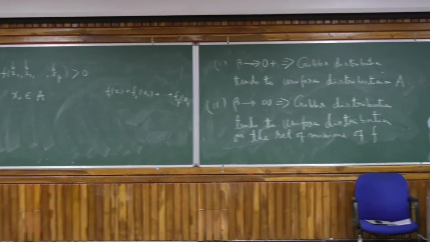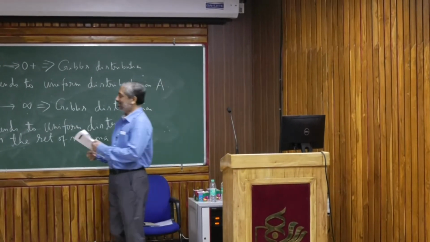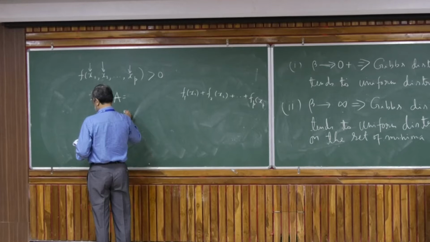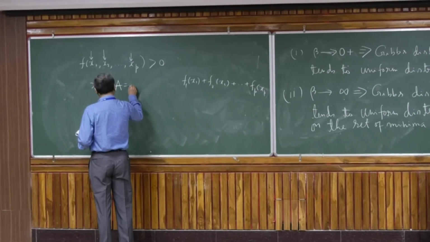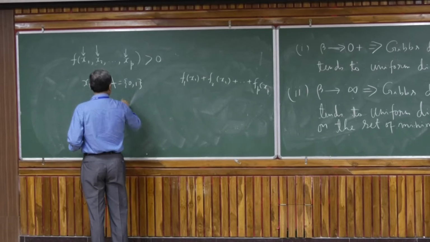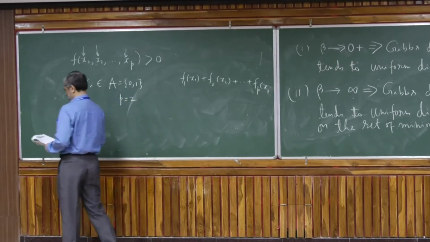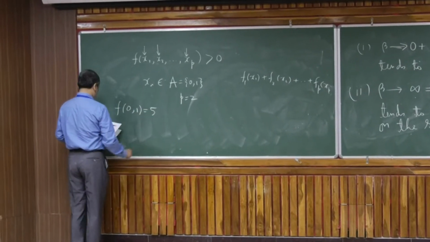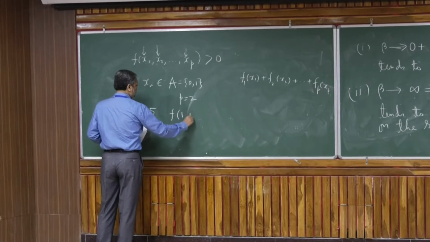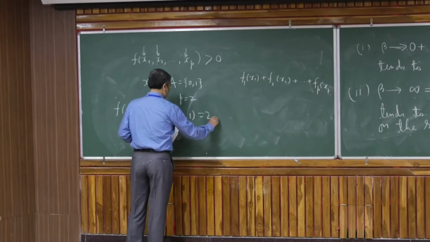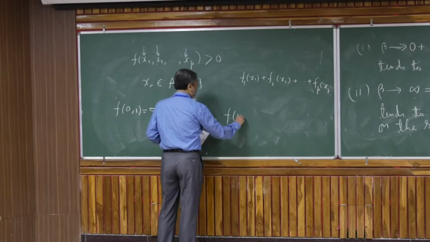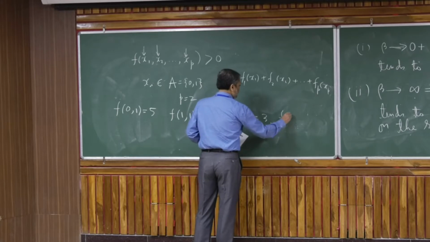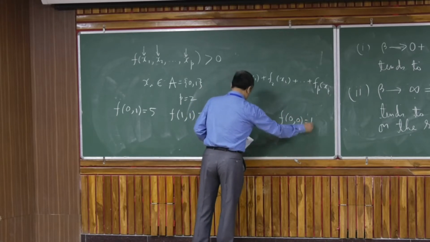I have a baby example here. Let's say this A is this set {0, 1}, p equal to 2, and my function is defined like this. f(0,1) is equal to 5, f(1,1) is 2, f(1,0) is 3, f(0,0) is 1.